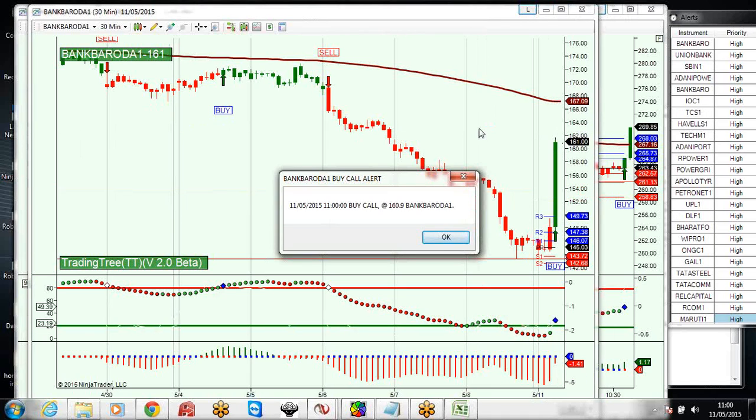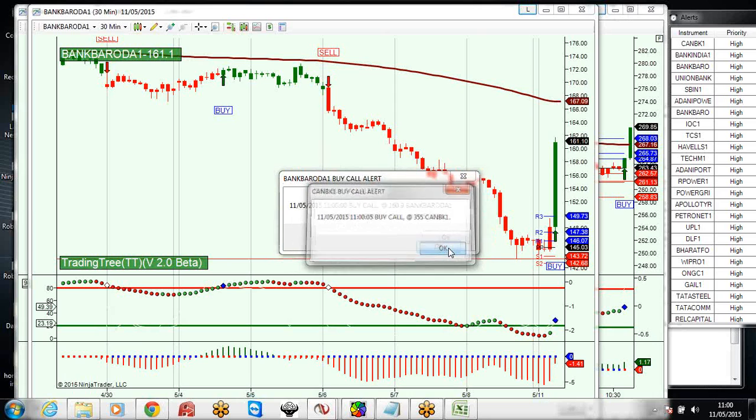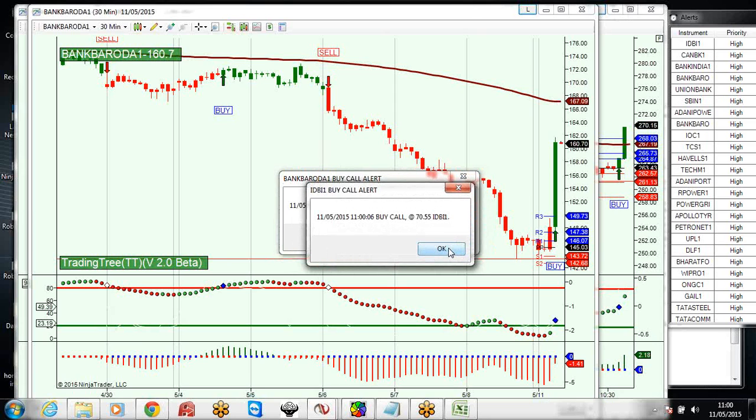There is a buy call in Bank of Baroda. There is a buy call in Bank of India.